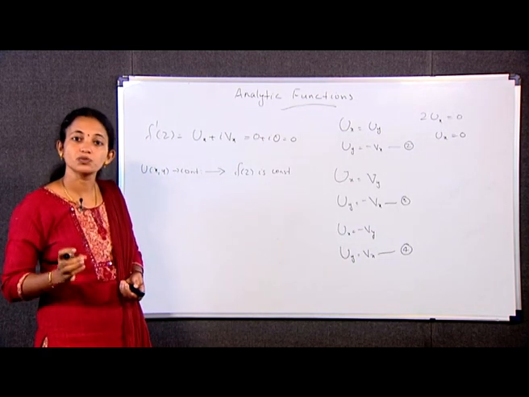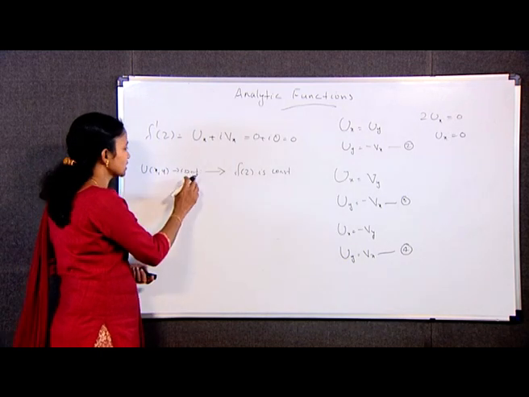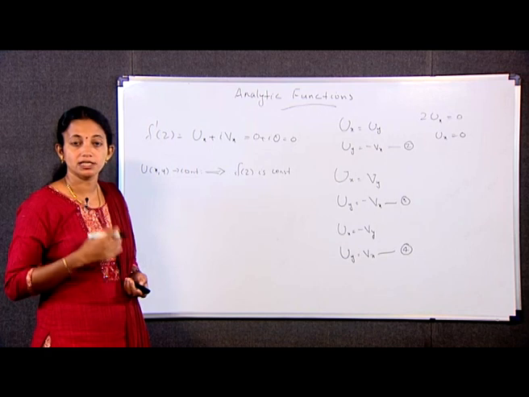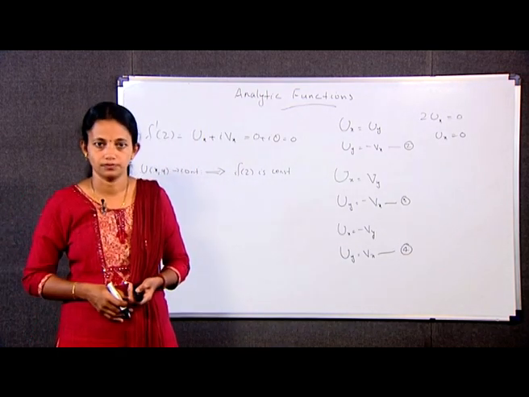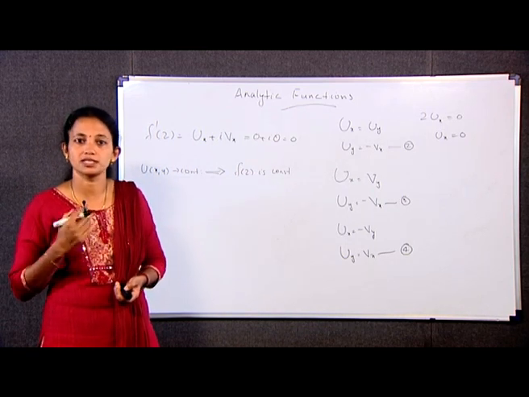Second, v(x,y) is equal to a constant implies f(z) is constant. Next, mod f(z) is equal to a constant implies f(z) is constant. Next, argument of f(z) is equal to a constant implies f(z) is constant.